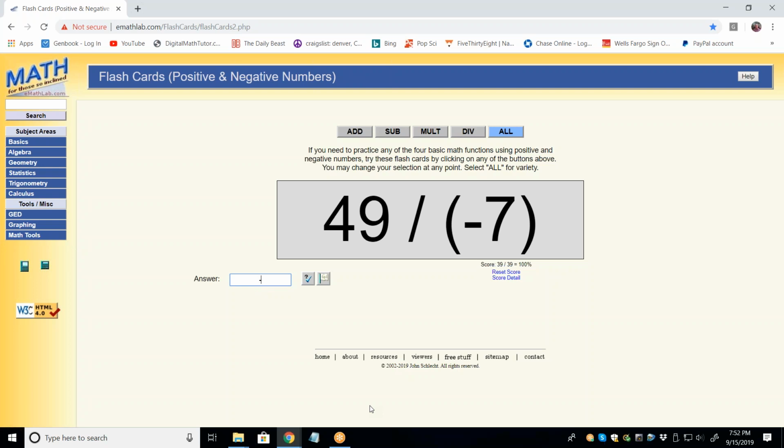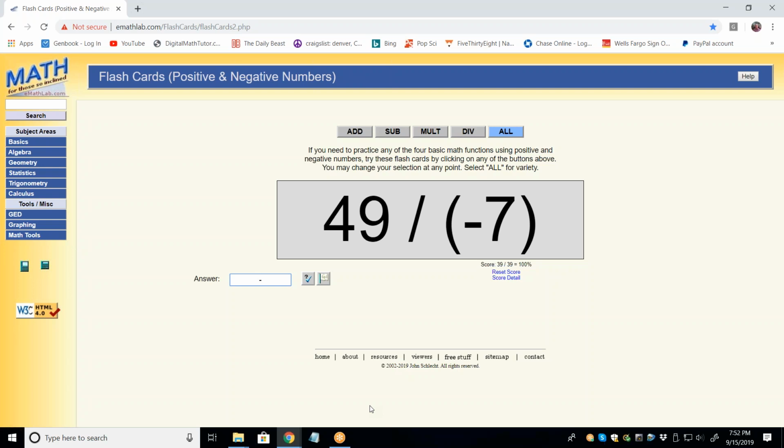49 divided by 7 is 7. Sorry. I was thinking about 9. One way to remember this is just knowing your squares. Let's go through squares. What's 2 squared? 2 times 2. 4.